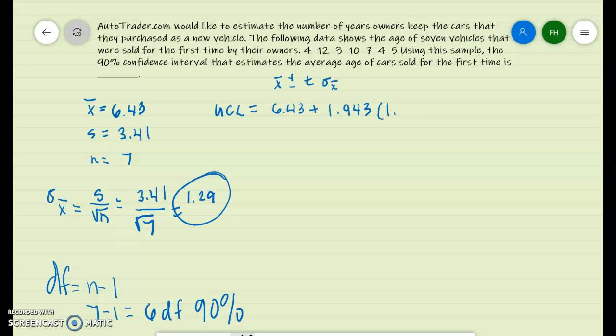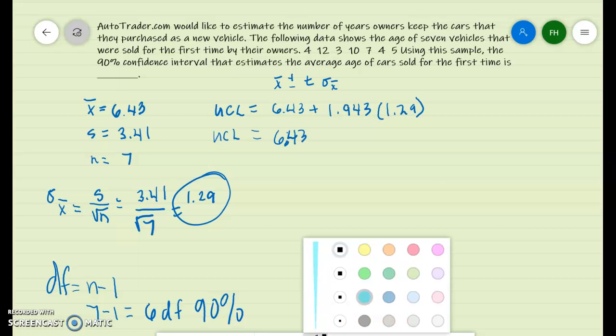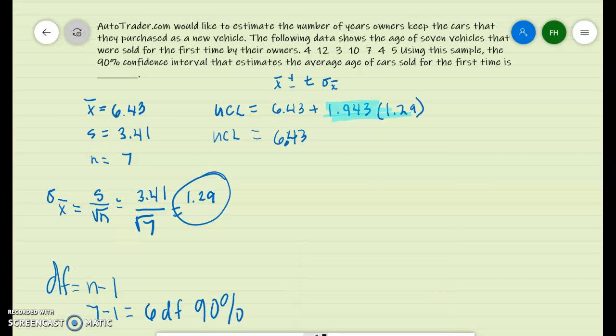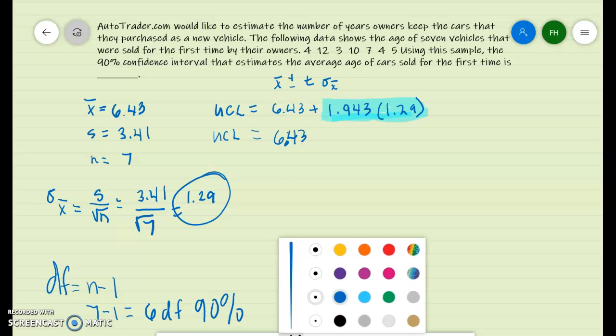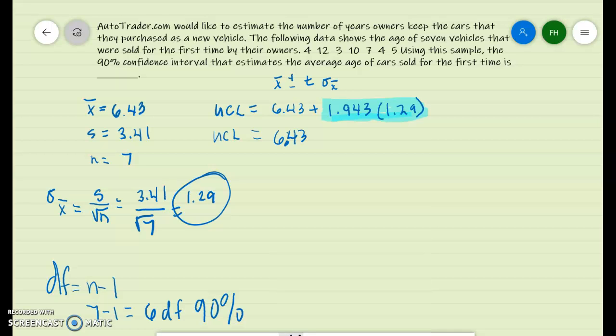Now I'm going to show you something here, because sometimes they ask you for the margin of error, and that is how much you're adding and subtracting from the mean. So if you want to know your margin of error, it is just your t-score, or sometimes it's your z-score, times your standard error of your mean. So let's just see what that is, and let's keep that separate before we add it to the mean. 1.943 times 1.29.